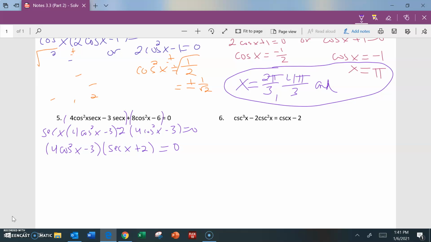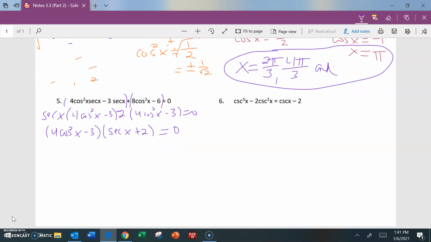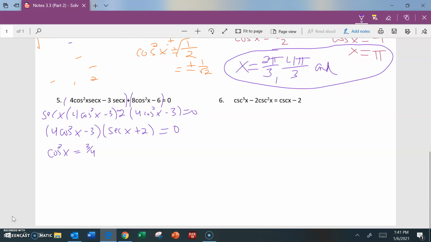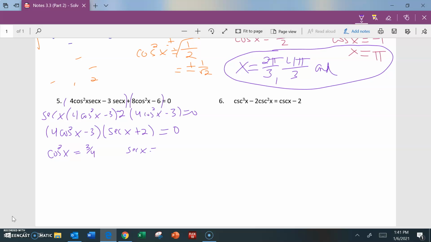So factoring is important because now we can look at both individual factors. By now you probably know I need to set each one of these equal to 0. So in reality, we are solving cosine squared of x equals positive 3/4, and when will the secant of x equal negative 2?